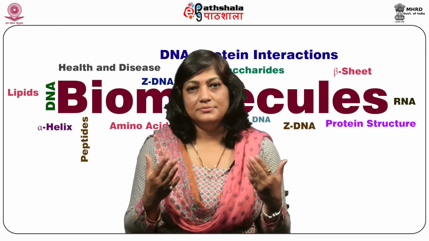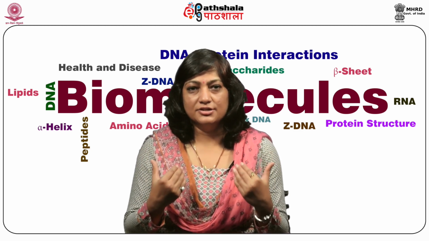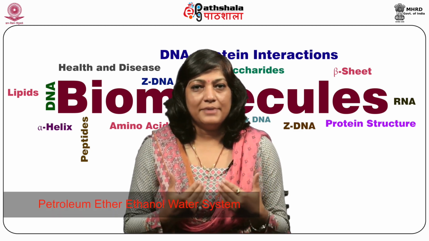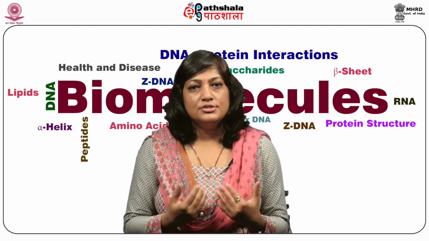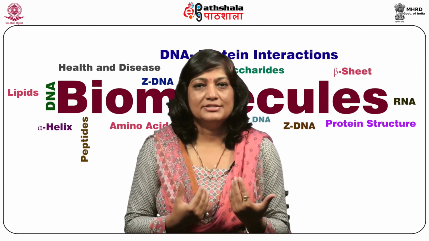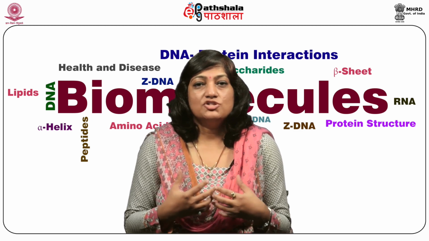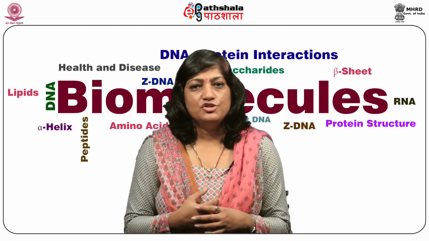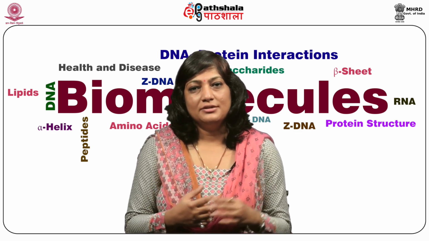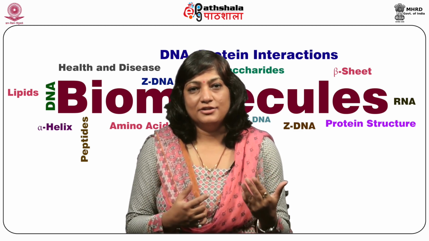Another solvent system that you see here is the petroleum ether, ethanol, water system, which is used to remove polar contaminants when the interest lies in the subsequent analysis of neutral glycerides, which may then be recovered from the ether phase.